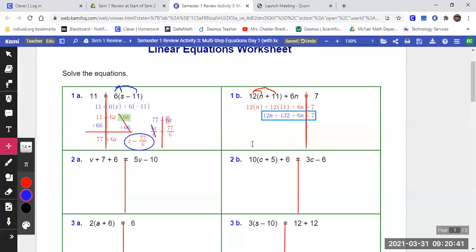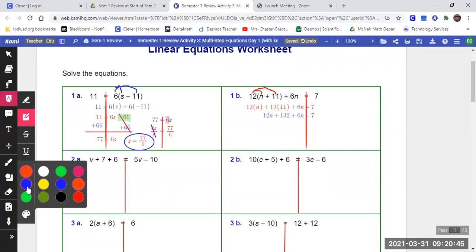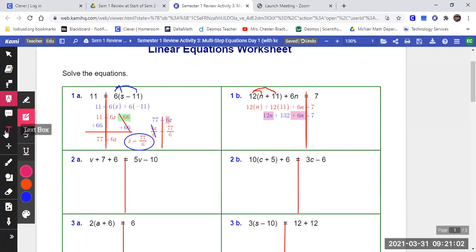Okay, so this time I noticed I have two n's on the same side. I have a 12n and I have a positive 6n. I need to deal with that. Before I can get into the big zeros, before I can get into the big ones, I have to do distribution and combine like terms. Okay.